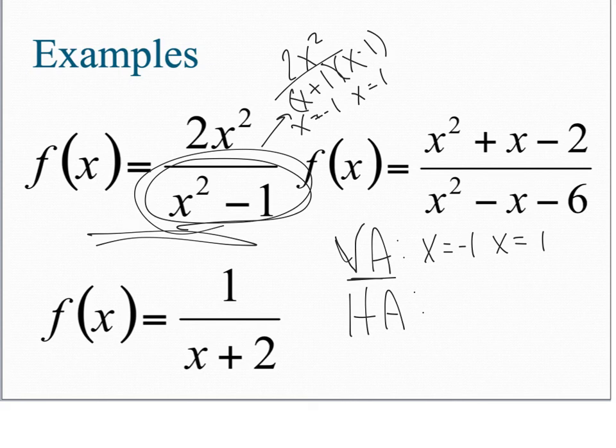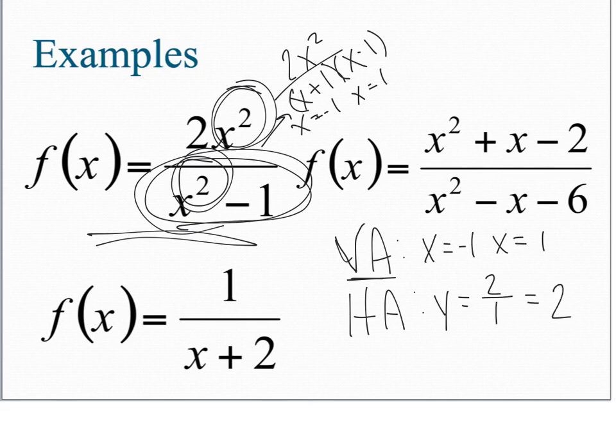The horizontal asymptotes, remember that I need to look at the degree of the numerator versus the degree of the denominator, and you'll notice that they are equal. And if you think back to our last part, if the degrees are equal, then the horizontal asymptote is at the ratio of my leading coefficients, which is 2 over 1, which is 2.